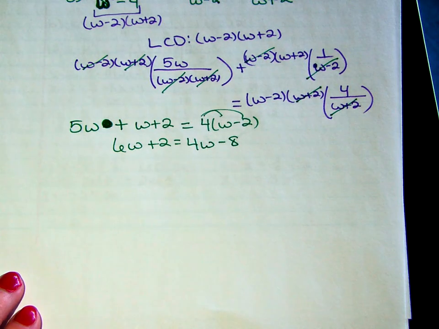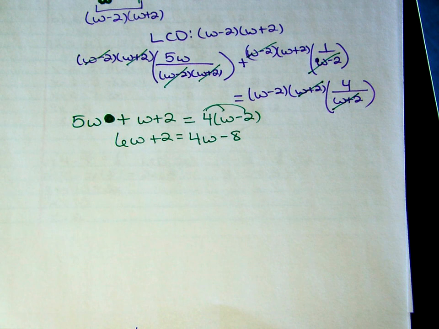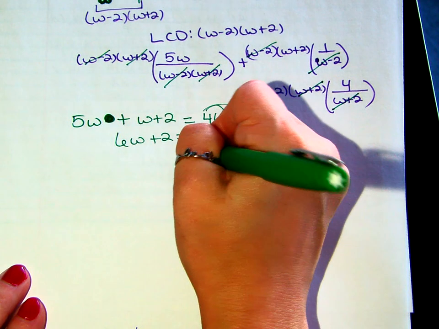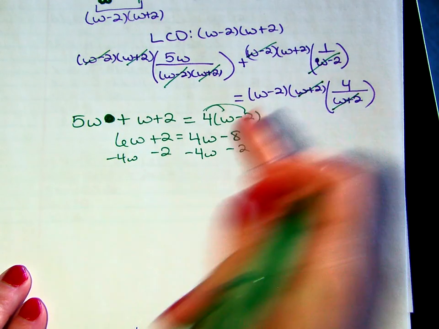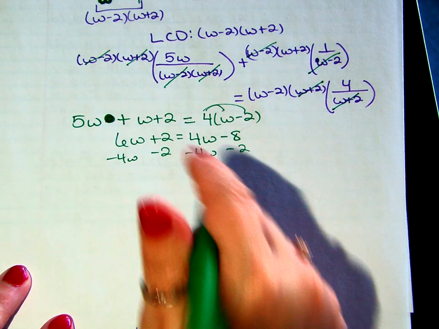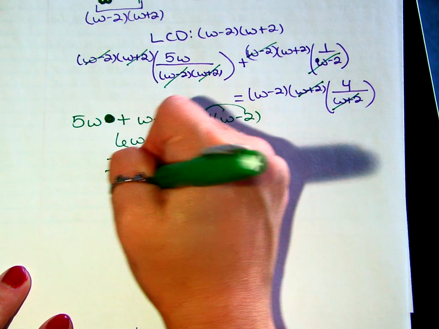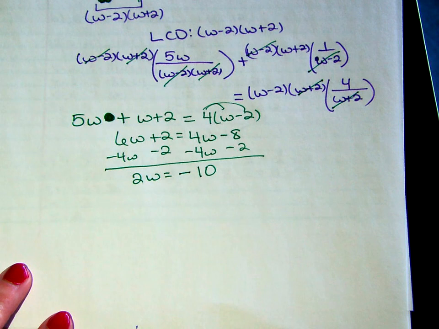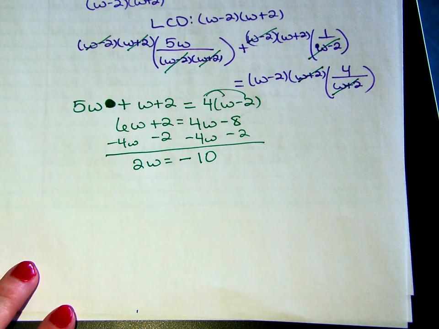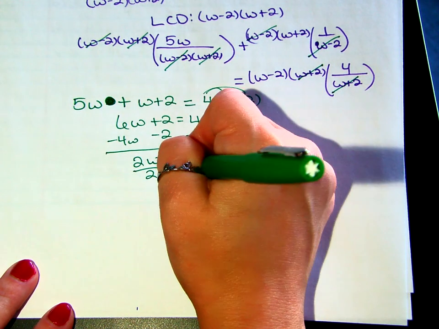I'm going to keep everything positive, so I'm going to choose to subtract my 4w and subtract the 2. So I move all of my variables to the left, all my constants to the right. That'll give me 2w equals negative 8 minus 2, which gives me negative 10. Divide by 2. I find w is negative 5.